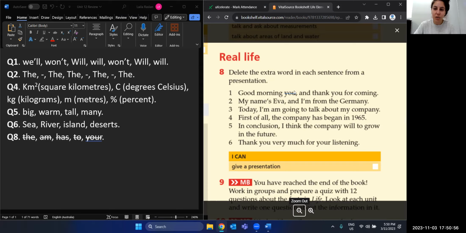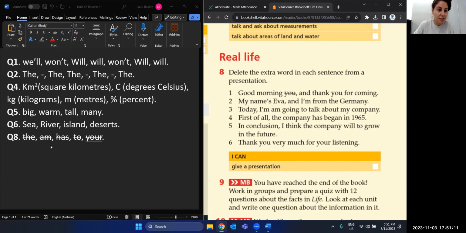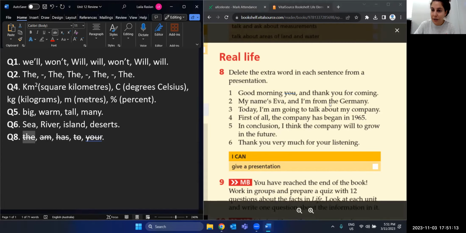Where is the wrong word? So this one, they did it for us. Good morning and thank you for coming. My name's Eva and I'm from Germany. We don't need the for country, so I can cross off, make sure you cross off the. So my name's Eva and I'm from Germany.